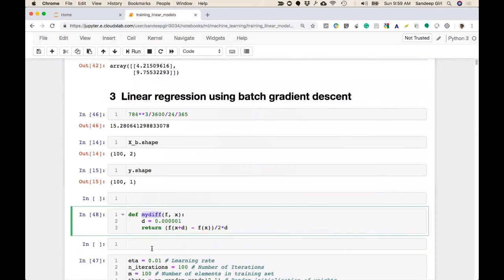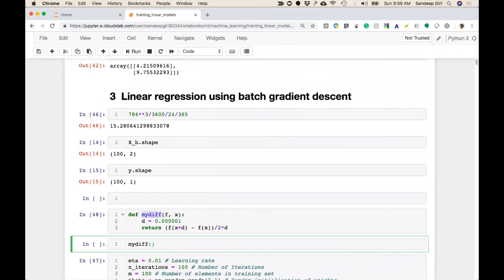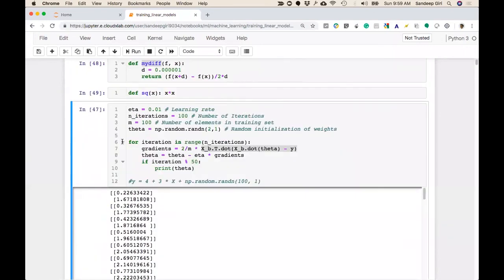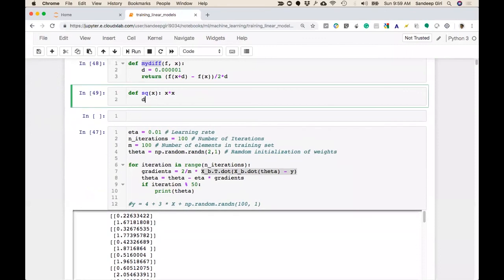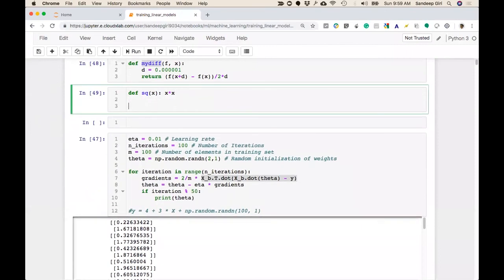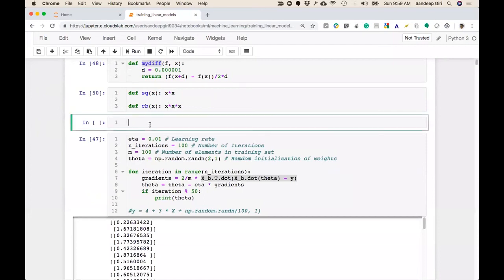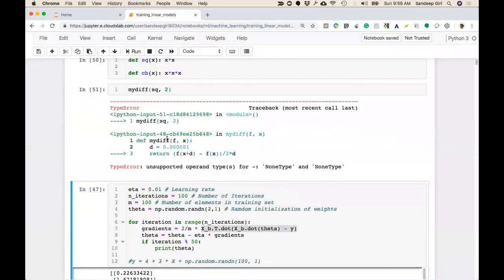I'm just showing you that in case we don't know the actual function, whatever it is. Let's say we define a function called square, returning x into x, or let's define cube. Let's take a look at the differential of square when x equals 2.